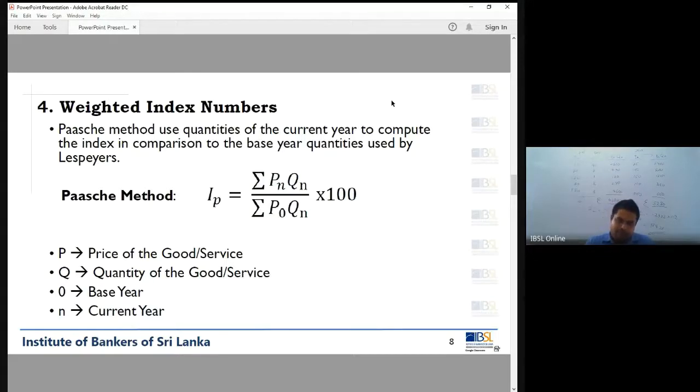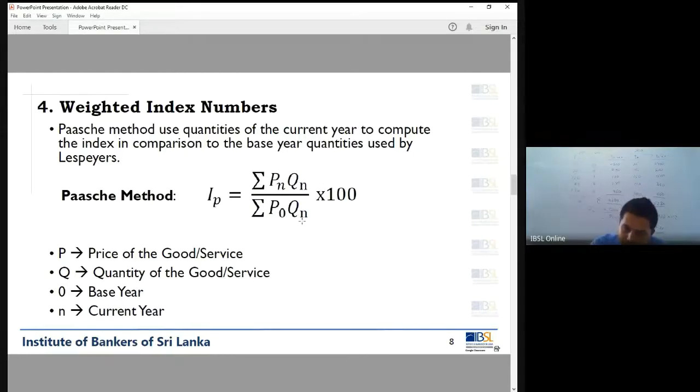If you carefully look at the factor that you are changing, earlier under the Laspeyres method we kept the quantities of year 0 as constant, and then looked into the changes of prices from year 0 to the point of interest, in the previous example from 2012 to 2016. Under the Paasche method, we are forgetting the quantity which was there in the base year. That means this Q0 is no longer there.